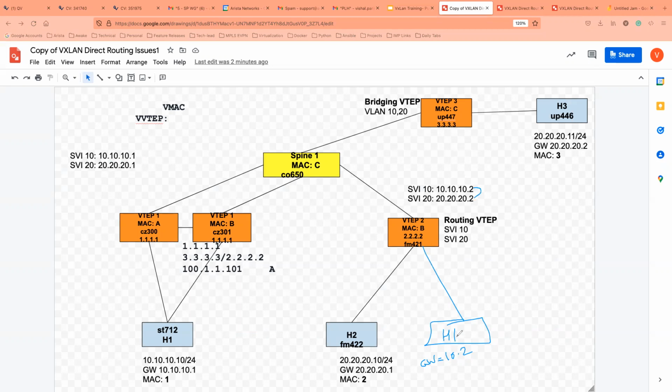Let's say you want to communicate from 10.10 on H1 to 20.11. It will come to the gateway. If you have changed the gateway to this local one, it will route into VLAN 20 because our destination is 20.11, and then it will forward the packet, right?